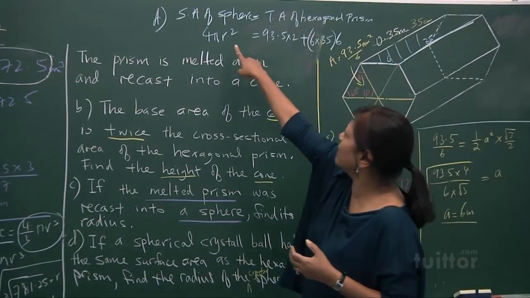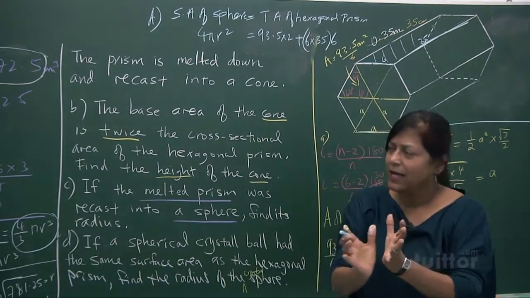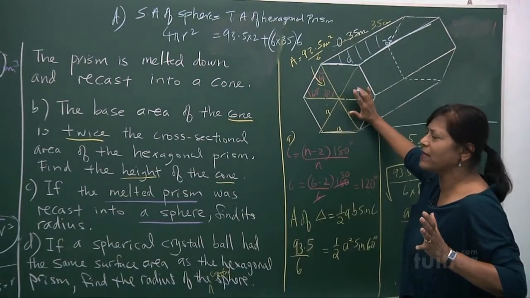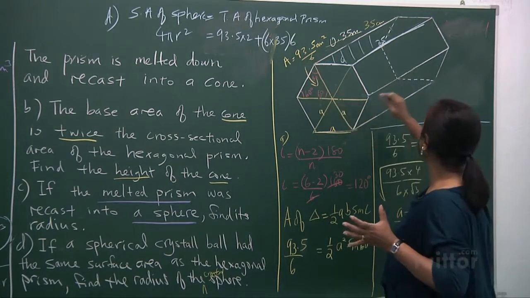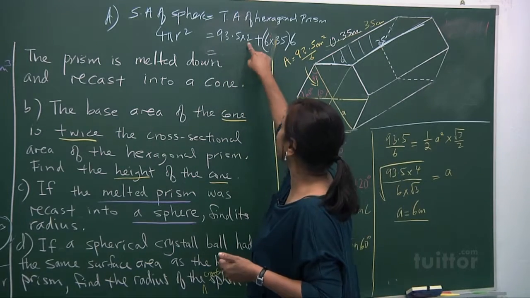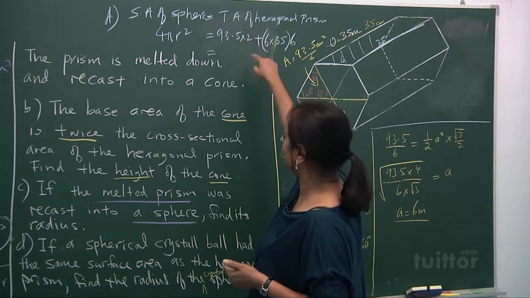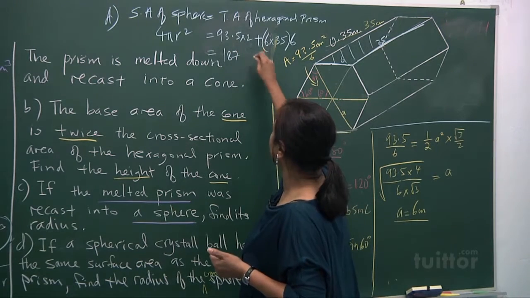So this total surface, the surface area of a sphere, the external area, is equal to the surface area of this. All you need to do is some simple calculation. Alright, what do we get? We've got 93.5 times 2. What do we get earlier on? We get 187, right?